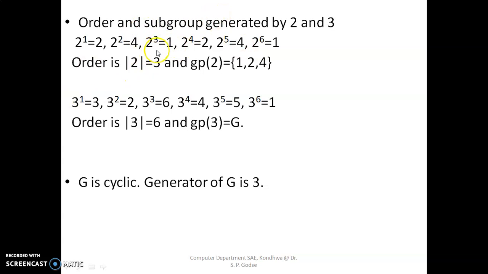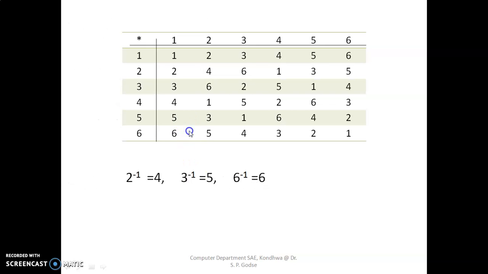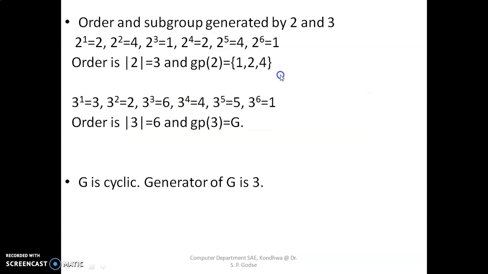Here there is some modification in this. See, 2 raised to 1 output is 2, then that value is taken as 2 for the next iteration. 2 raised to 2 is equal to 4, then 4 should be used here, so 2 raised to 4 is equal to 1. You can see in this table, 2 into 4 is nothing but 1.